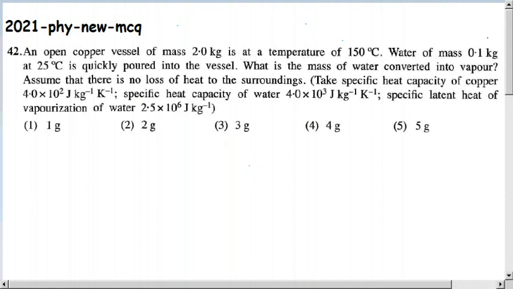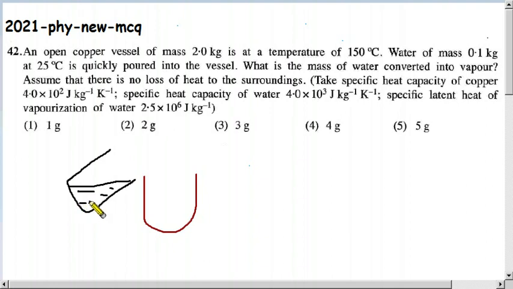So children, first of all let us draw a little sketch to describe this problem. The copper vessel I draw like this, and water in a container is poured into this vessel.